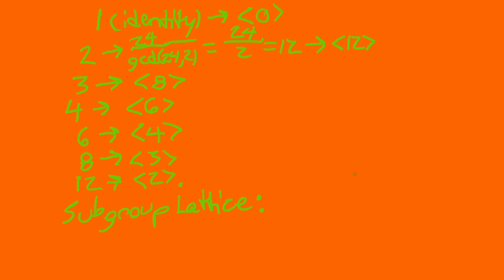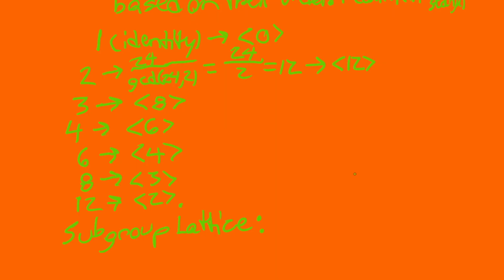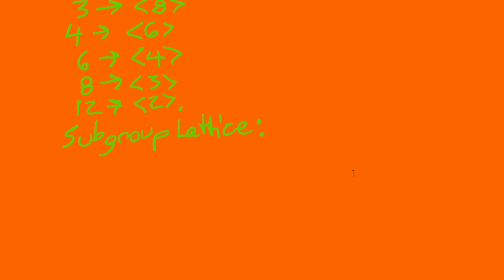So let's build our subgroup lattice. So the way the subgroup lattice works is, if you notice, all these subgroups, at least from 12 to 2, they're all subgroups of each other. So we need to start with our identity 0, and then from our identity we can branch off into these subgroups.